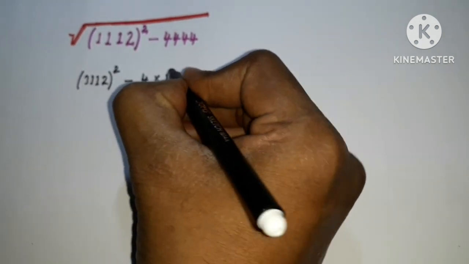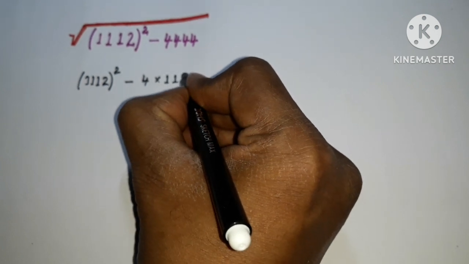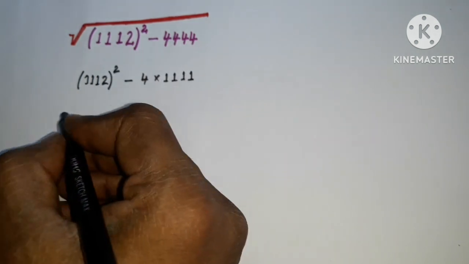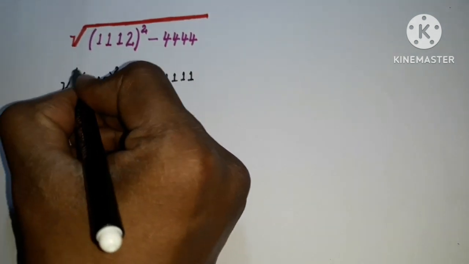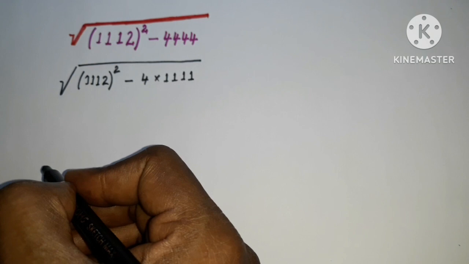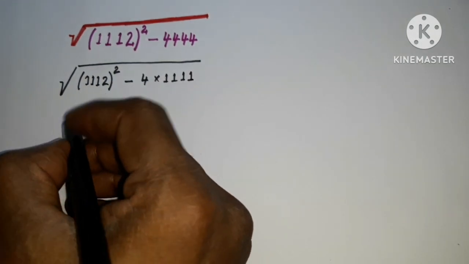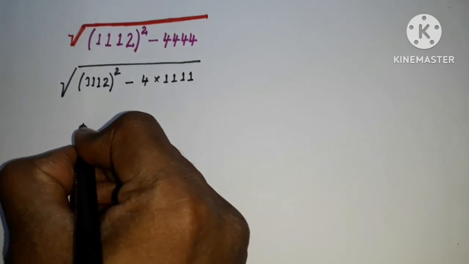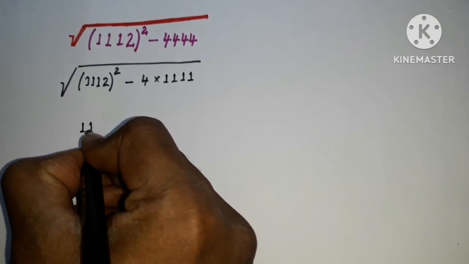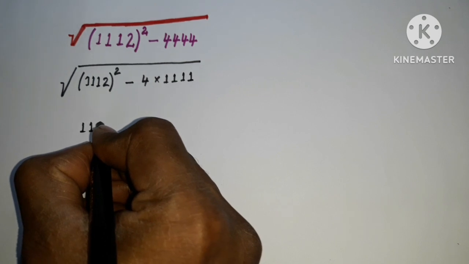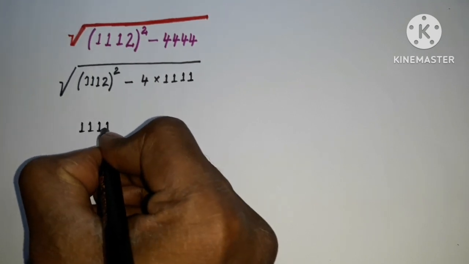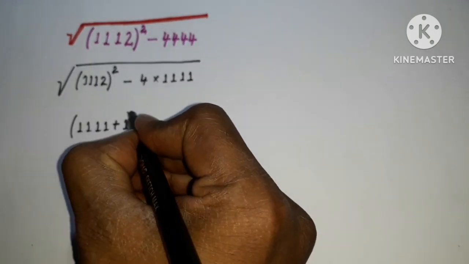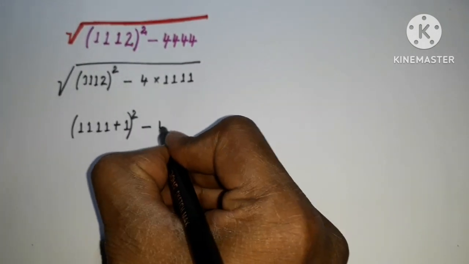That can be written as 4 multiplied by 1111. In this way we can write all the terms, and the next term is this one. This one can be written as 1111 plus 1. In this way we can write.